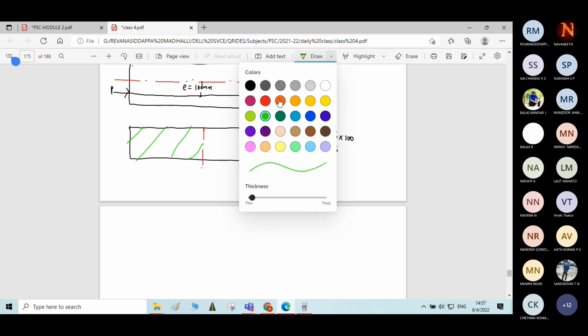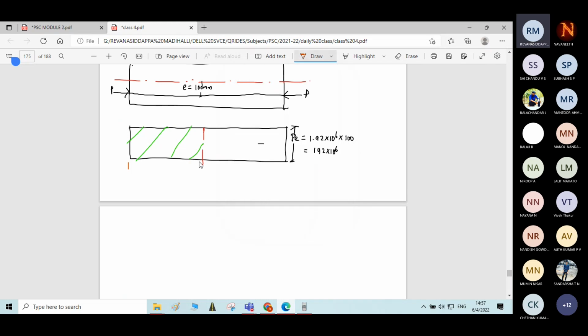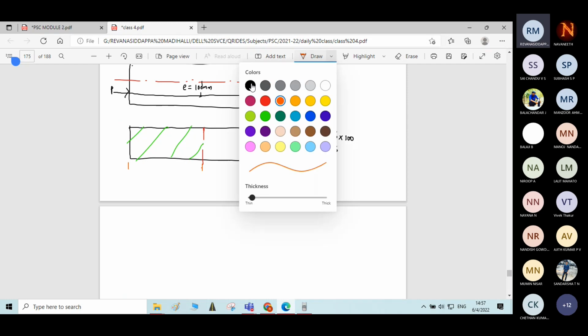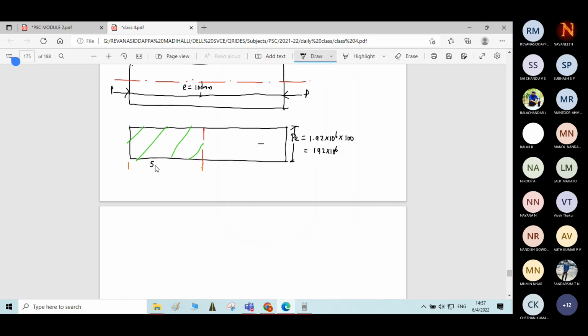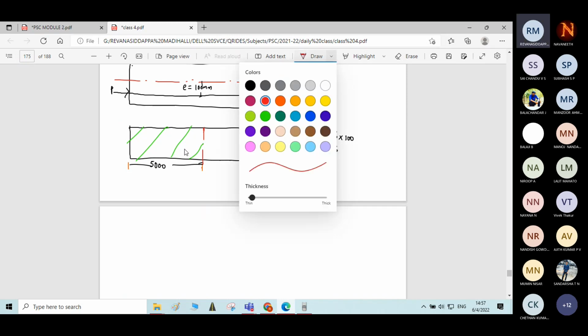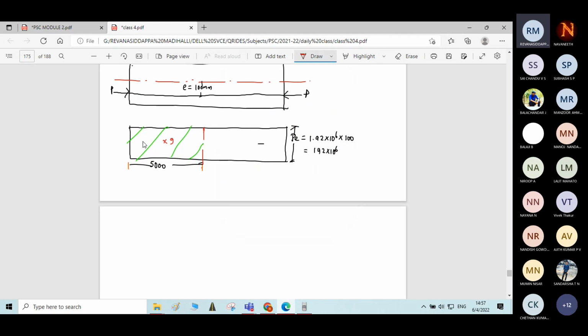Okay. So here total length of the beam is given as 10,000. So this length will be 5,000. Base width of the rectangle will be 5,000. And if we take G as centroid, so this is the X1 bar, that is 5,000 divided by 2.